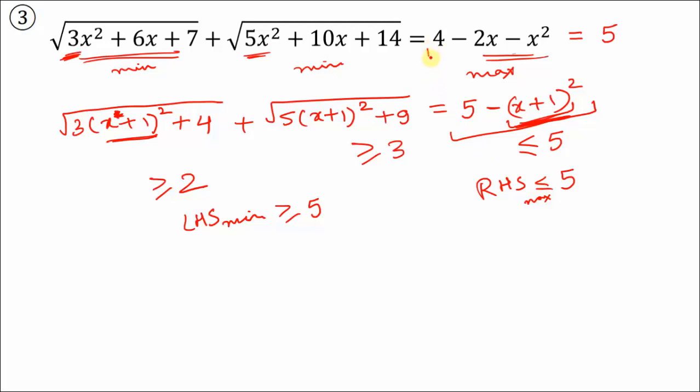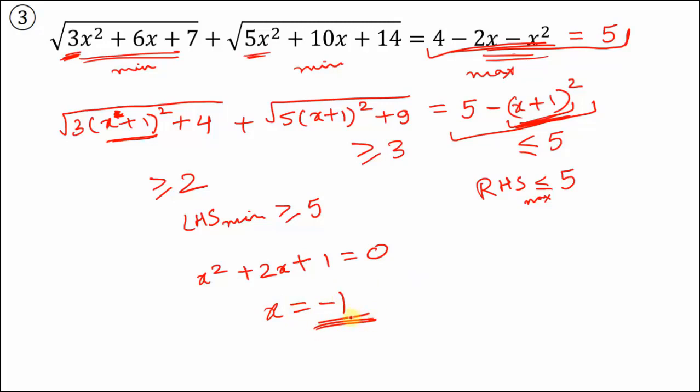So if we simply focus on this part of the equation, x square plus 2x plus 1 is equal to 0. This is the equation that we will get, and on solving this we will get x as minus 1.